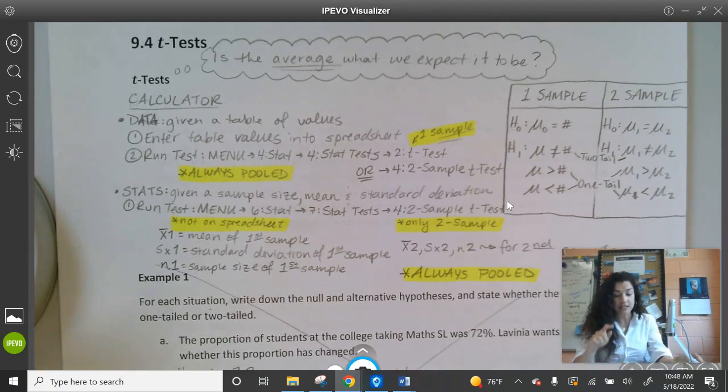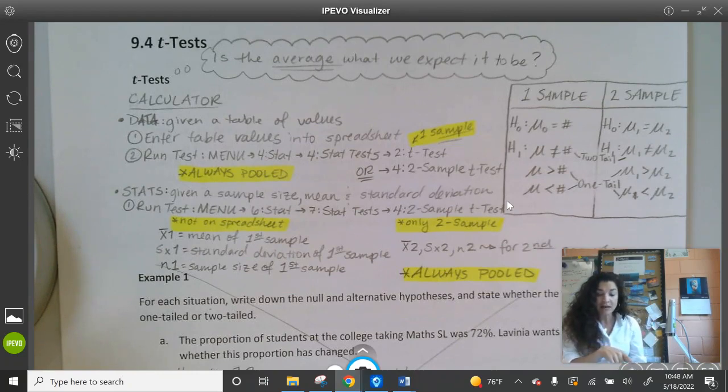One sample test you can see at the very bottom of this page. That's example number 2. You can see at the bottom of the page where it has only one line of data, and it's because you only have one sample. And you're looking at this one sample and you're saying, does this sample have this average? We've been given an average and a standard deviation, and we're saying, does this sample follow what we expect that average and standard deviation to be? Versus a two sample will have two samples that we're comparing.